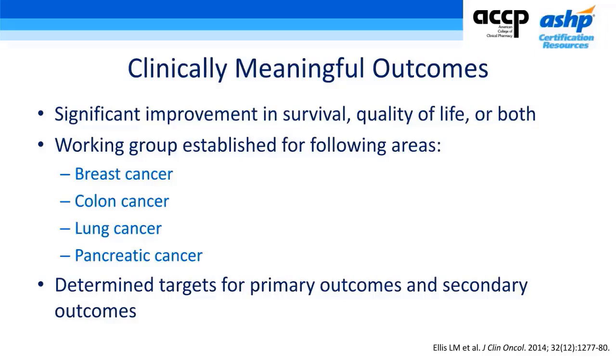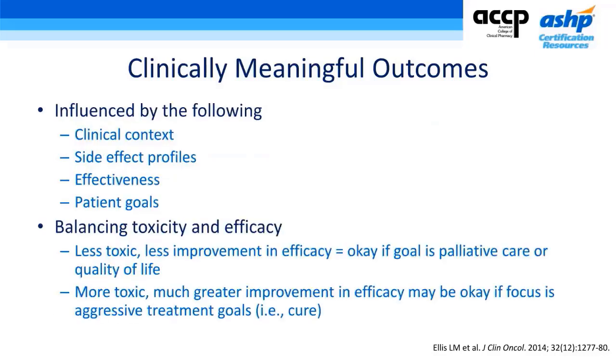And so what they were looking at was a significant improvement in survival, quality of life, or perhaps both, depending on the cancer. And so this work group determined targets for primary outcomes and secondary outcomes in these types of cancer studies. And so these clinically meaningful outcomes were influenced by the following.